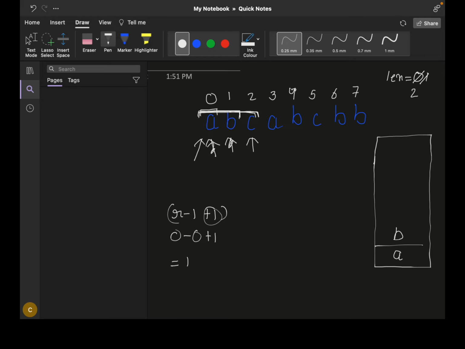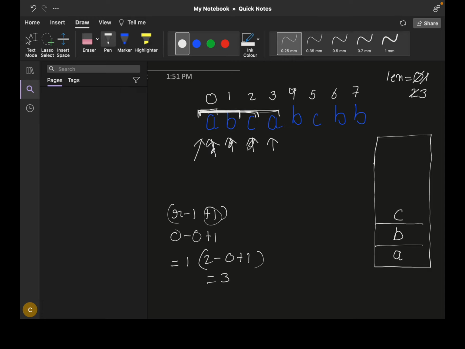C is not contained, so we put C in our hash map and calculate the length: 2 minus 0 plus 1, so it becomes 3, and we replace the maximum by 3.